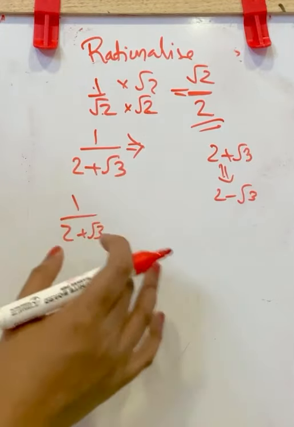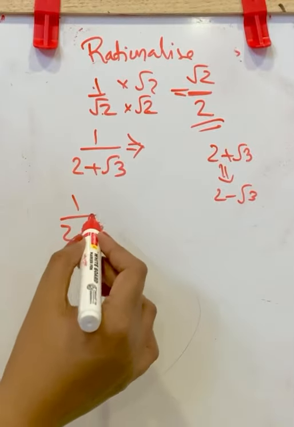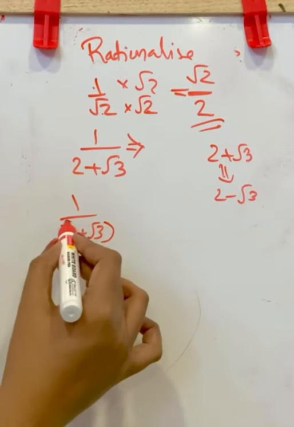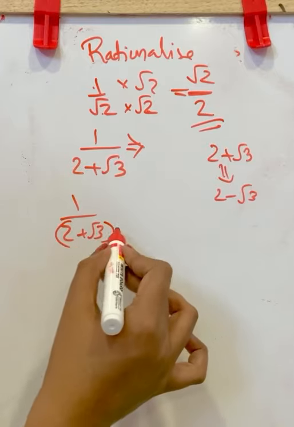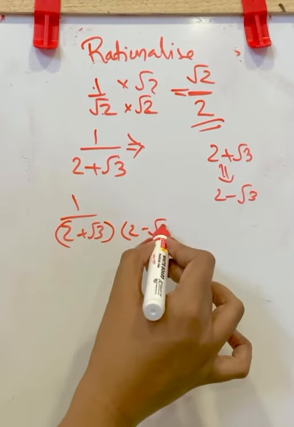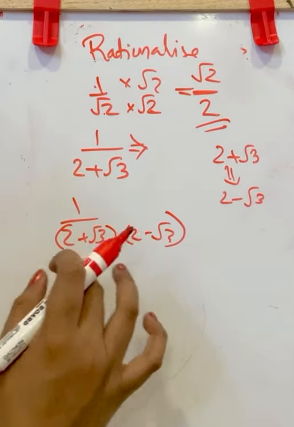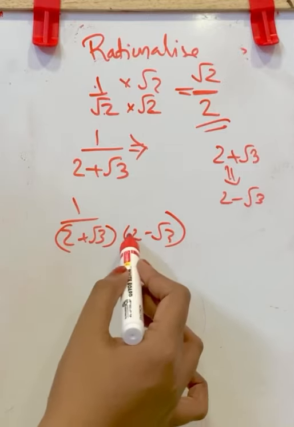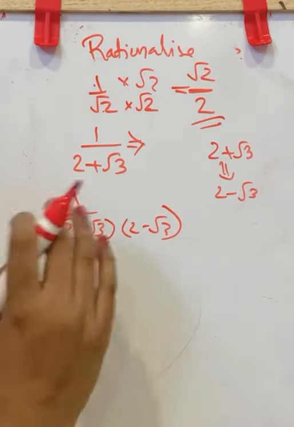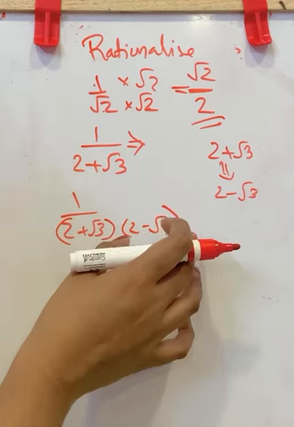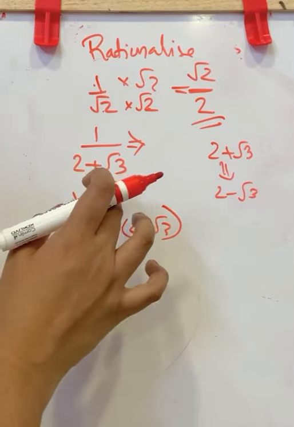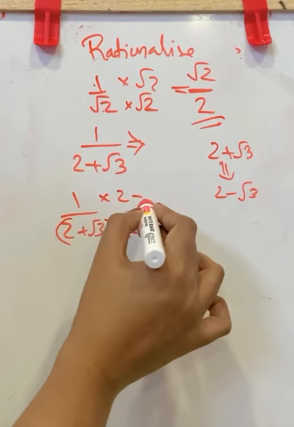That is why we are doing rationalization. So for rationalizing, we are multiplying this 2 plus root 3 with 2 minus root 3, that is the conjugate of these terms. If you are multiplying 2 minus root 3 in the denominator, you have to multiply it in the numerator also. So into 2 minus root 3.